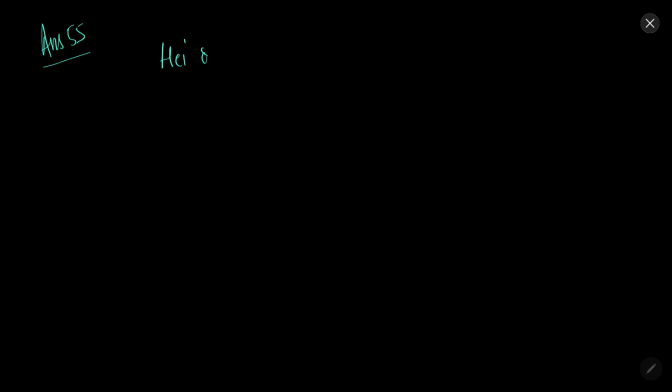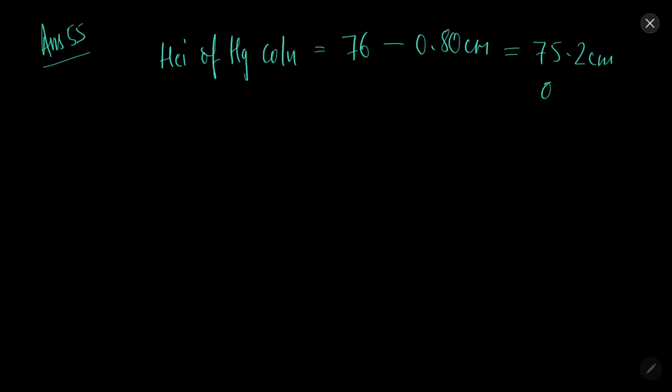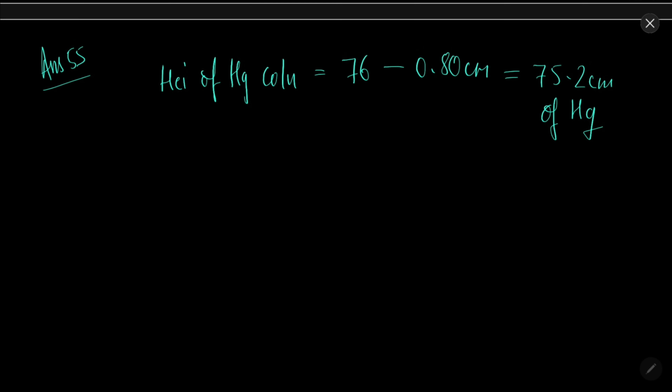So height of mercury column will be 76 minus 0.80 centimeter. Why? Because pressure is minimum when vapor present inside is at saturation vapor pressure, SVP. So this means 75.2 centimeter of Hg.